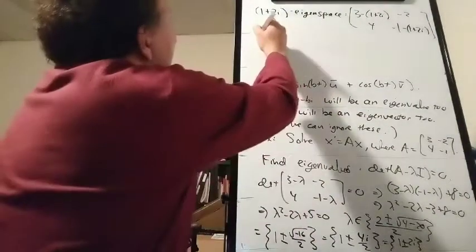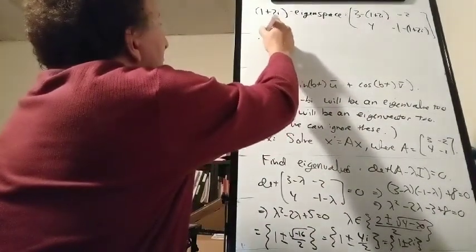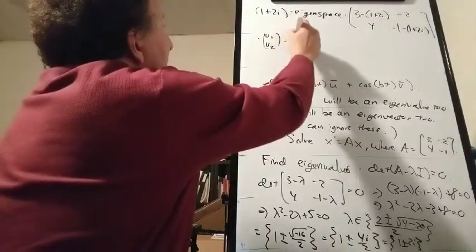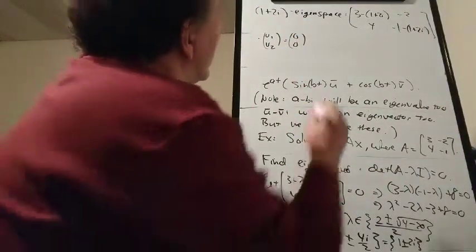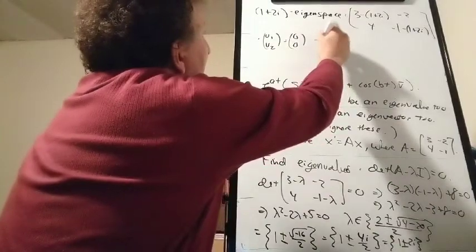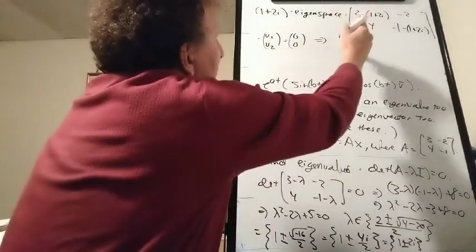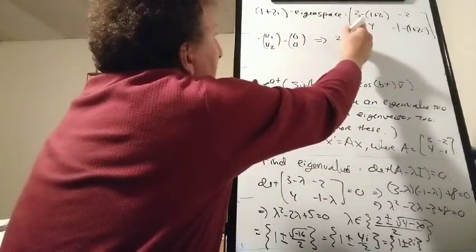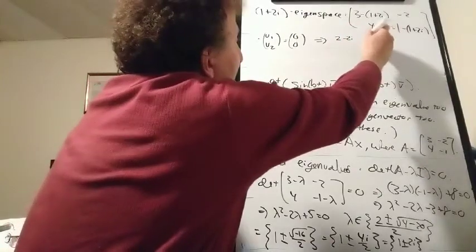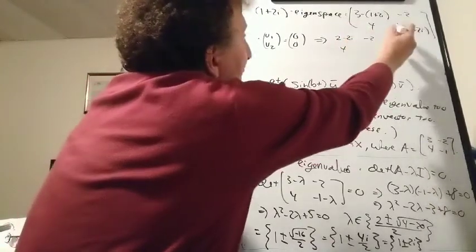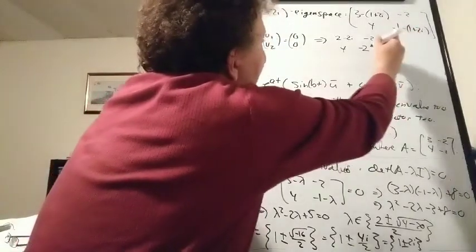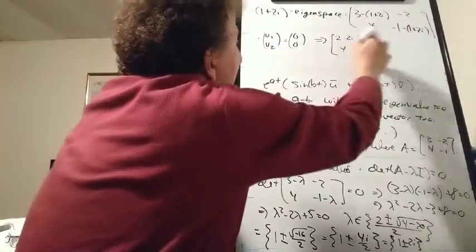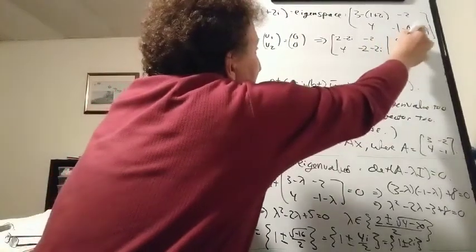So that times v1, v2 equals 0. So let's see, 3 minus 1 is 2 minus 2i, negative 2, 4, negative 1 minus 1 is negative 2 minus 2i, 0, 0.